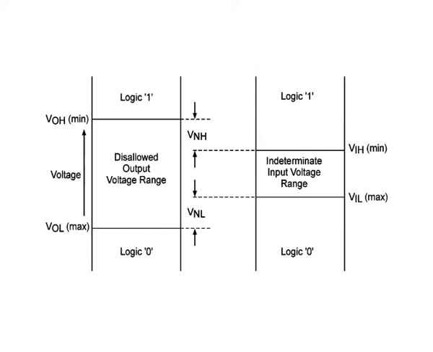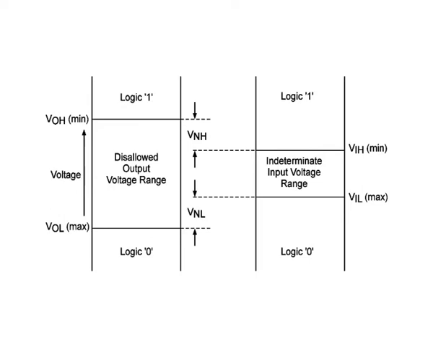the device being fed. We have seen in earlier discussions while defining important characteristic parameters that legal high and low voltage levels for a given logic family are different for output and inputs. Figure here shows the generalized case of legal high and low voltage levels for output and input.